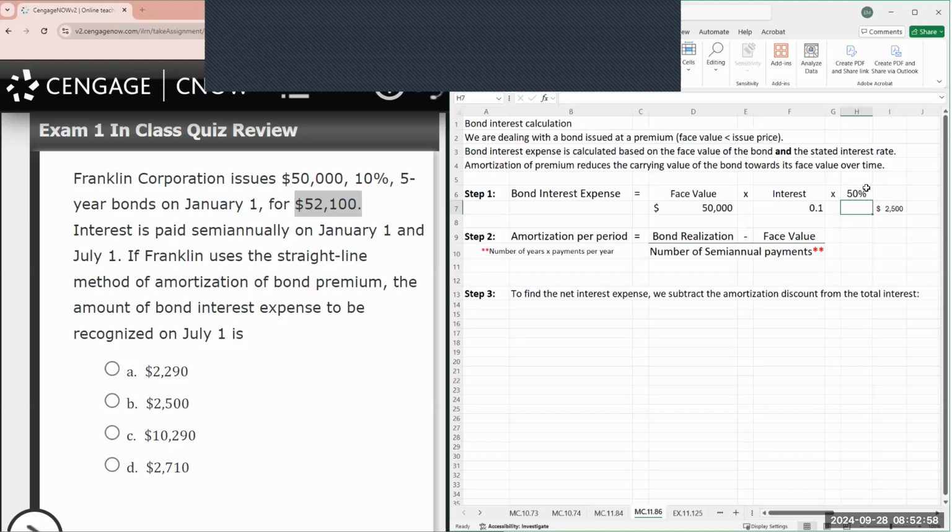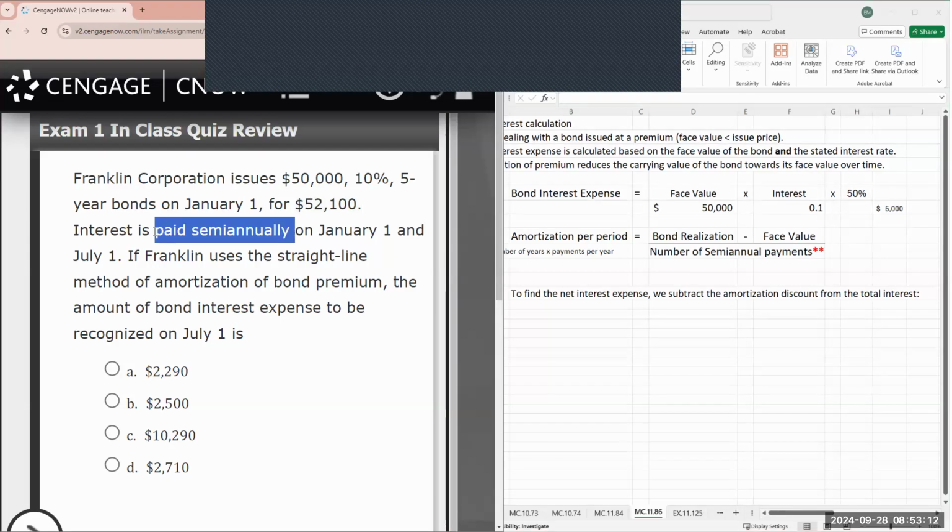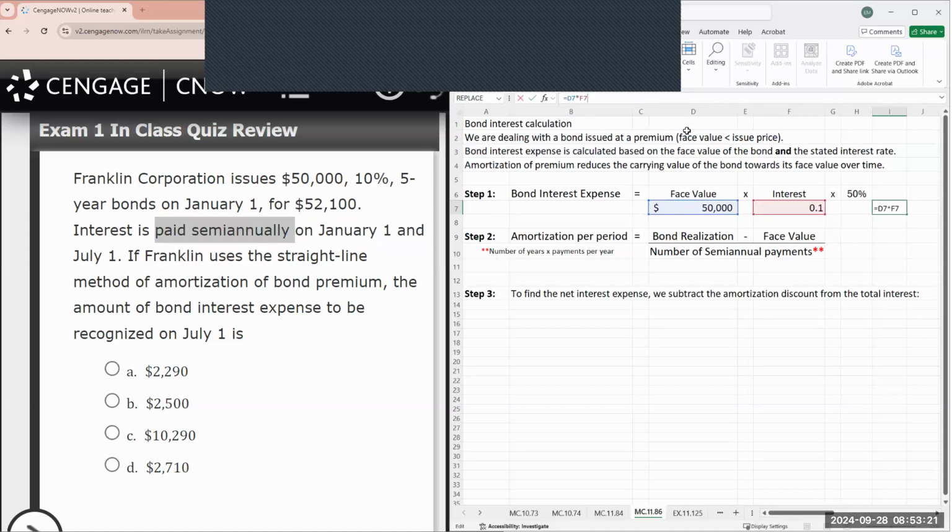So let's start from the top. 50,000 multiplied by 10% means that $5,000 in interest is going to be paid each year. But based on the problem, interest is paid semi-annually, which means that payment is going to be made twice a year. So therefore, $50,000 divided by 2, or divided by 1/2 of a year.